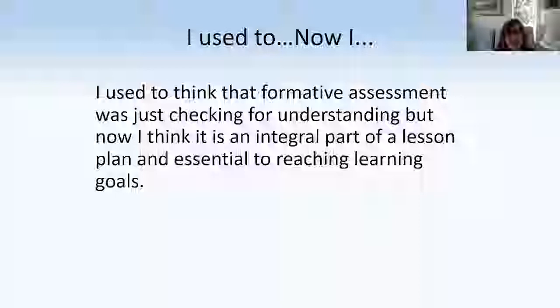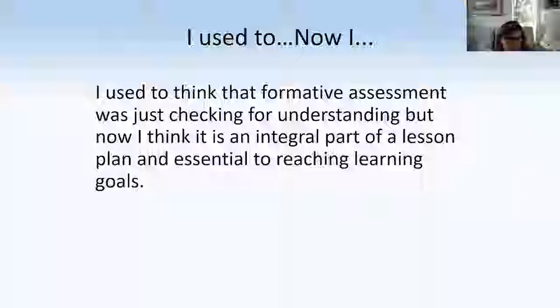And I sprinkled the face-to-face presentation with quotes from teachers responding to the prompt, I used to, but now I. This teacher commented after about a year of implementing formative assessment: I used to think that formative assessment was just checking for understanding, but now I think it's an integral part of the lesson plan and essential to reaching learning goals.